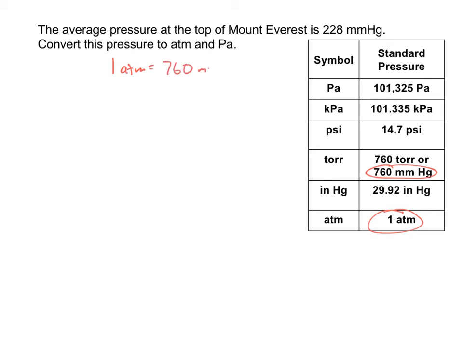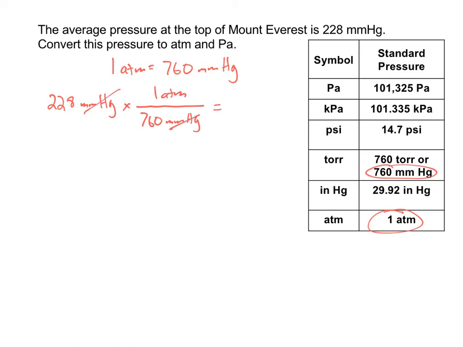1 atmosphere is 760 millimeters of mercury. So then I can say I'm starting with 228 millimeters of mercury. Then in order for the millimeters of mercury to cancel out, I need to put that 760 on the bottom, the 1 atmosphere on top.